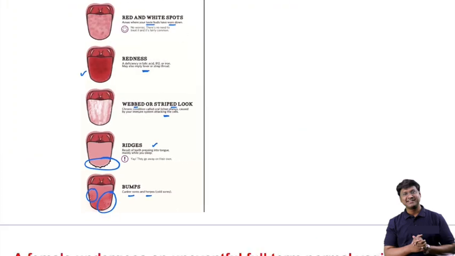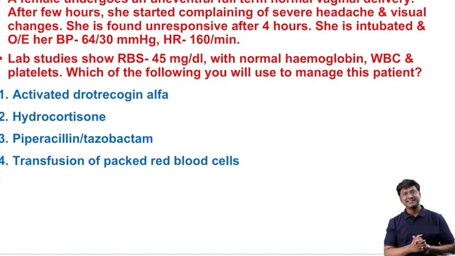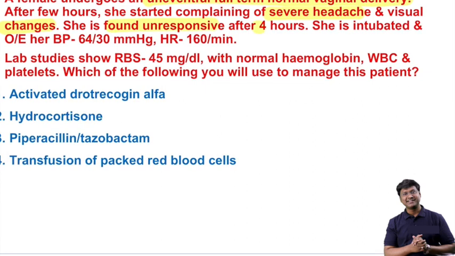Next, coming to the next important clinical scenario. A female undergoes an uneventful full-term normal vaginal delivery. After a few hours, she started complaining of severe headache and visual changes. She is found unresponsive after 4 hours.